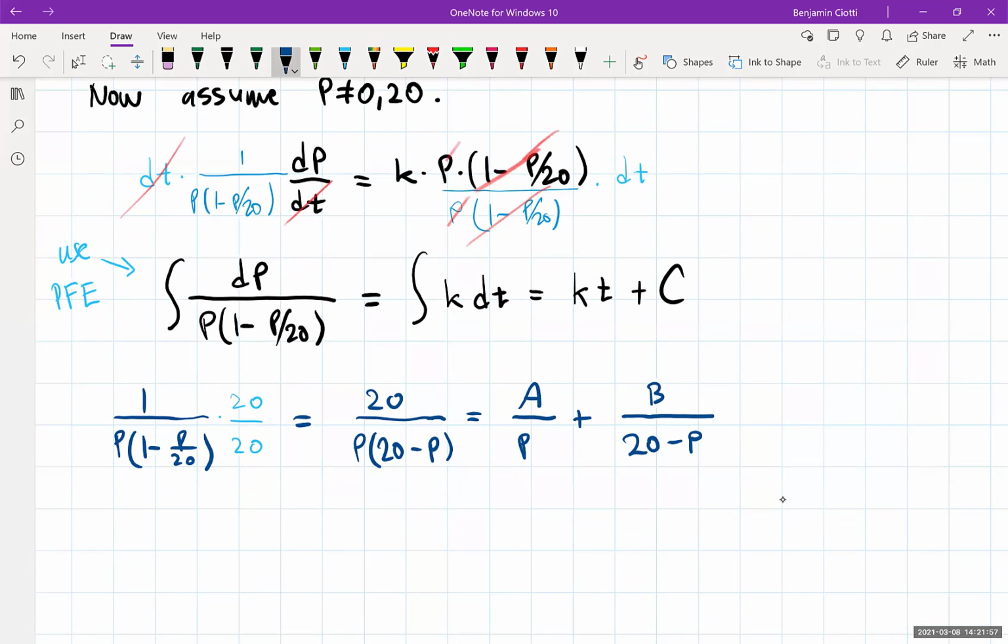And right, so this is the partial fraction decomposition, the partial fraction expansion. And I can now solve for the factors a and b. Hopefully you remember how to do this, but I'll just show it here. a times 20 minus p plus b times p equals 20.